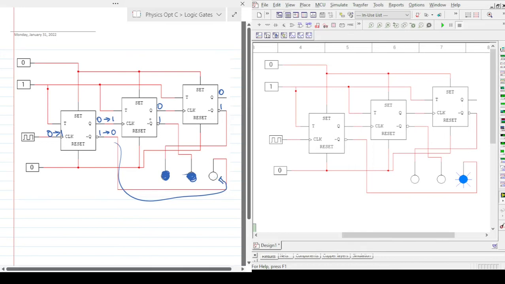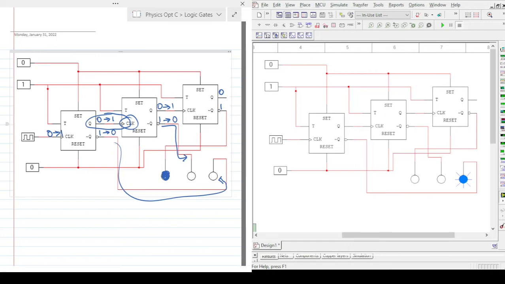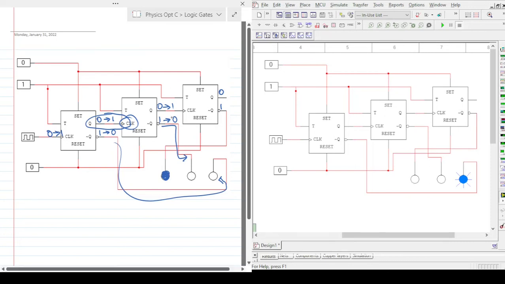However, as this one goes from 0 to 1, this clock also goes from 0 to 1. So this changes from 0 to 1, and that changes from 1 to 0. If that changes from 1 to 0, this LED is going to turn off now. But again, this is fed into the clock.